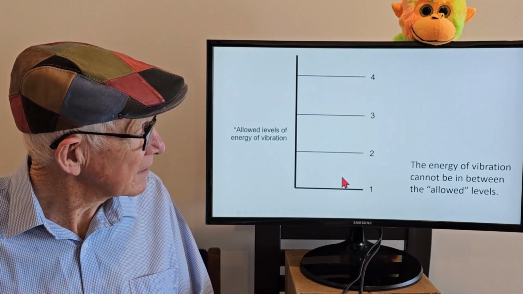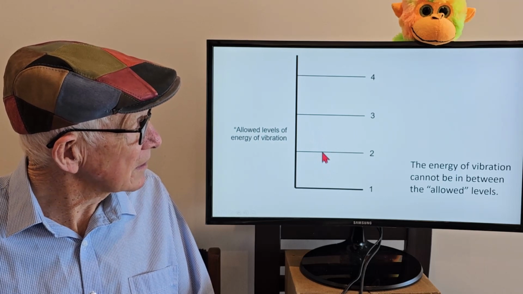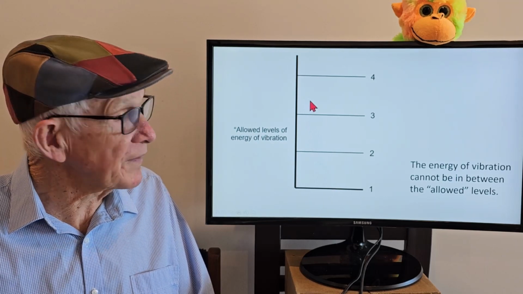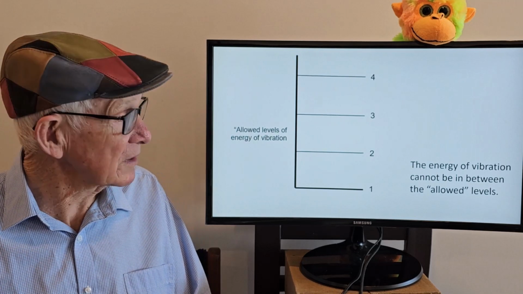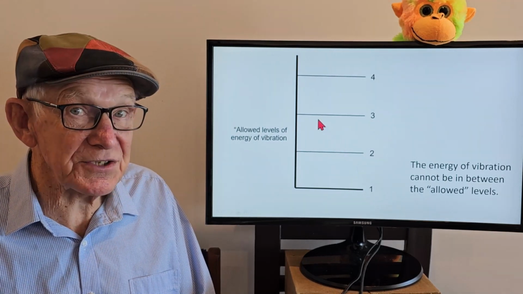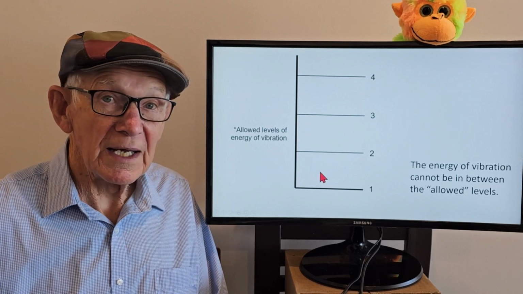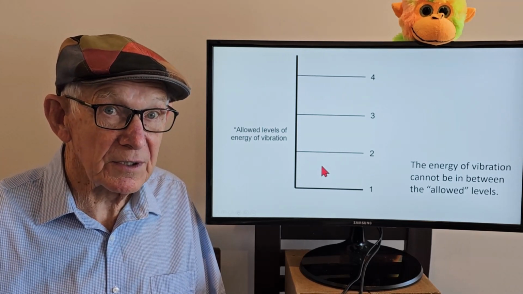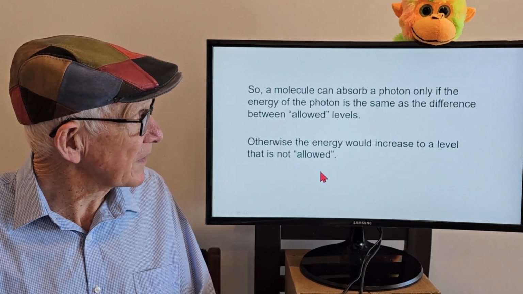Or from there to there. There cannot be a transition, as we call it, an excitation of the vibration of the molecule to a level that is not allowed. So there are only certain transitions that are possible.